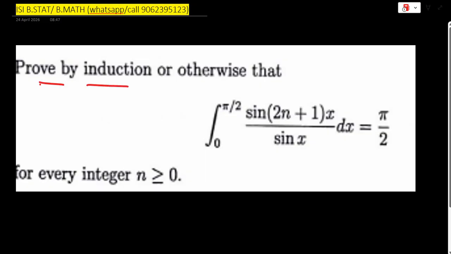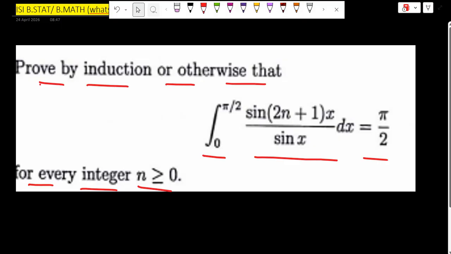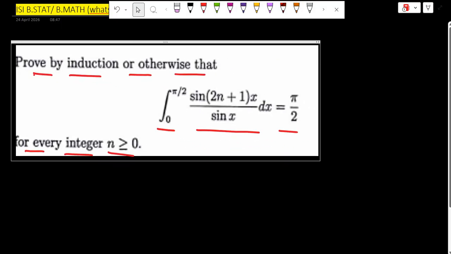Prove by induction or otherwise that the integral from 0 to pi by 2 of sin((2n+1)x) by sin x dx is equal to pi by 2 for every integer n greater than or equal to 0. This is a very nice question.